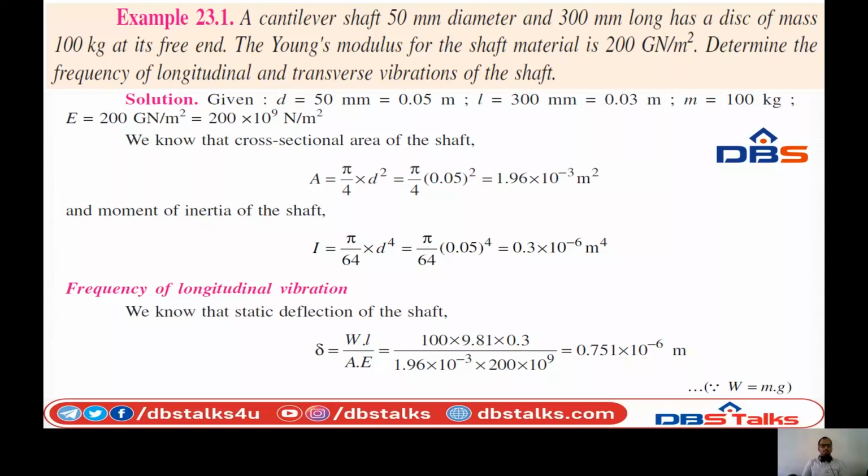One end is fixed and the other end is free, and the free end carries a mass of 100 kg, and the Young's modulus E, that is the material property, is equal to 200 giganewton per meter square. Determine the frequency of transverse vibration of the shaft. So what are the formulas mainly here?